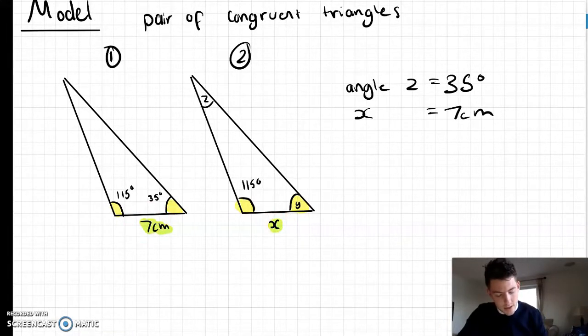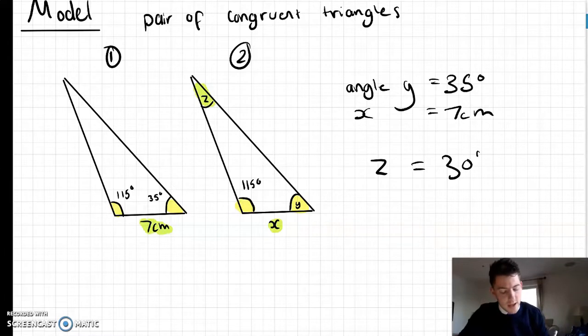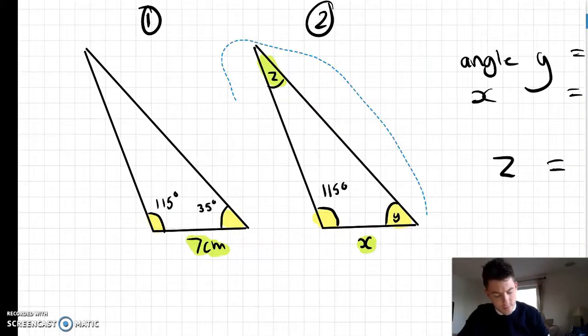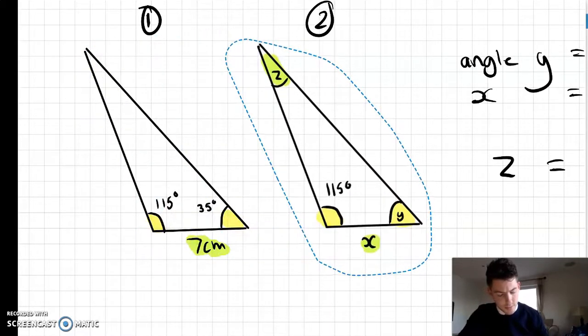And lastly, what's the missing angle? Sorry, I've made a typo here, that's angle y. An angle theta at the top, all angles in a triangle have to add up to 180 degrees. So therefore, you're looking at 30 degrees there. Because these triangles are absolutely identical. You can see there, absolutely identical.